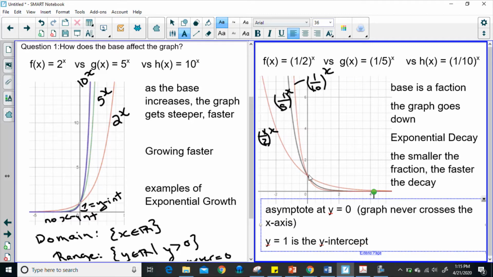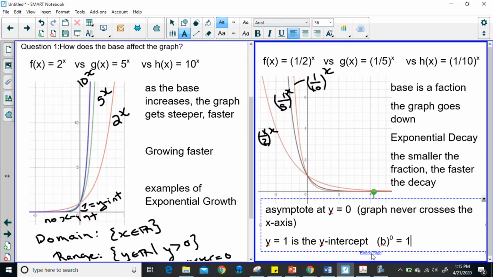So it's still y = 1 is the y-intercept, just like it was over here. And why is that? Let's remember that anything to the exponent 0 equals 1. So there's why my y-intercept is equal to 1.